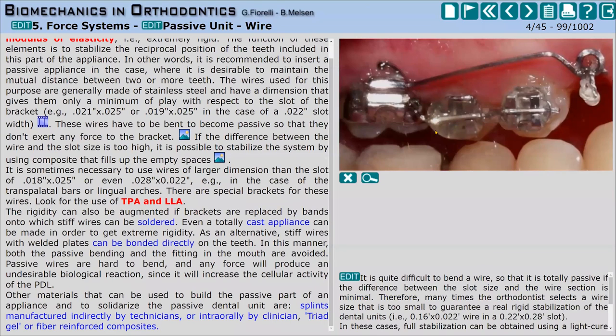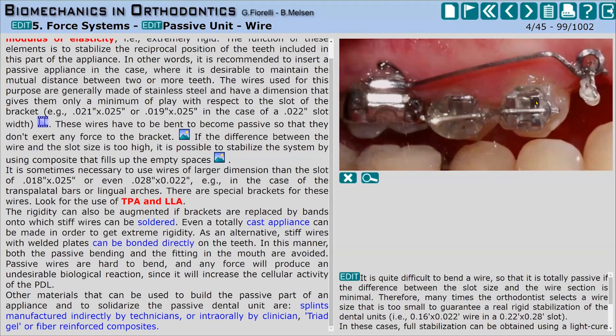For example, here you see another wire which is much smaller. Probably this is a 17 by 25 or even 16 by 22. Once you have done this, what I do, if I have a wire which has a cross section that is not large enough, is place some Tri-gel on top of everything so that the material, which is fluid, gets inside the slot.